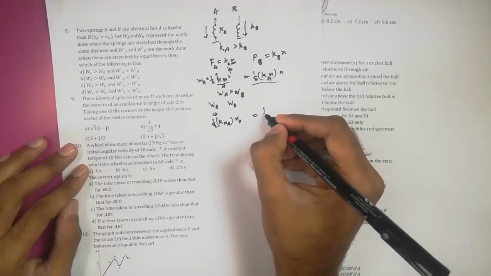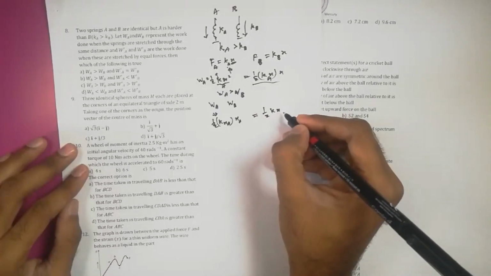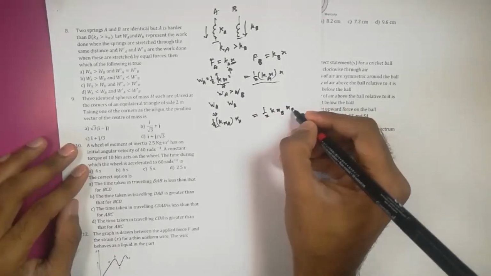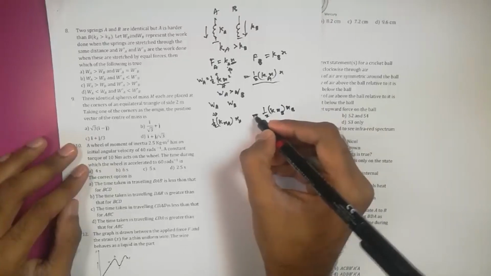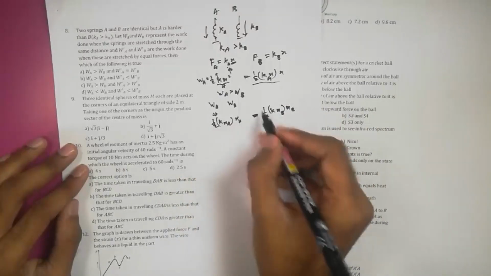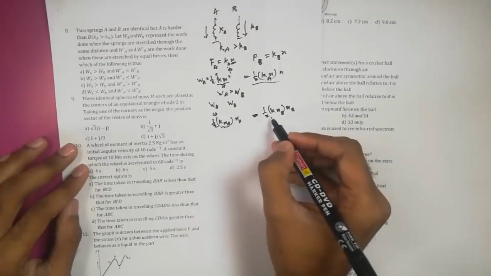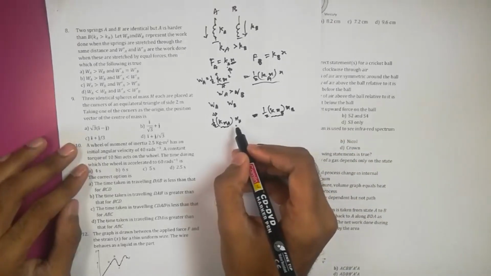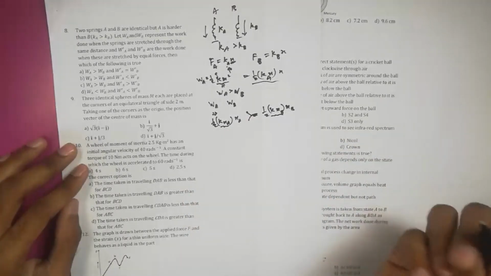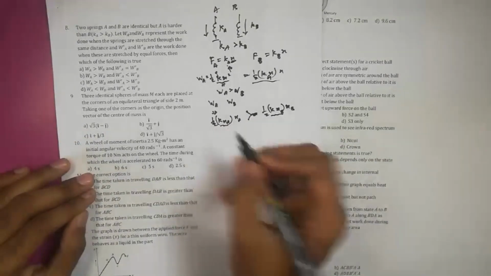And remember, don't equate them. We need to compare which one is greater. Because we already know which one is greater, we can easily say that this would be greater because Kx is larger. So it comes out to be C. Now let's move on to the next one.